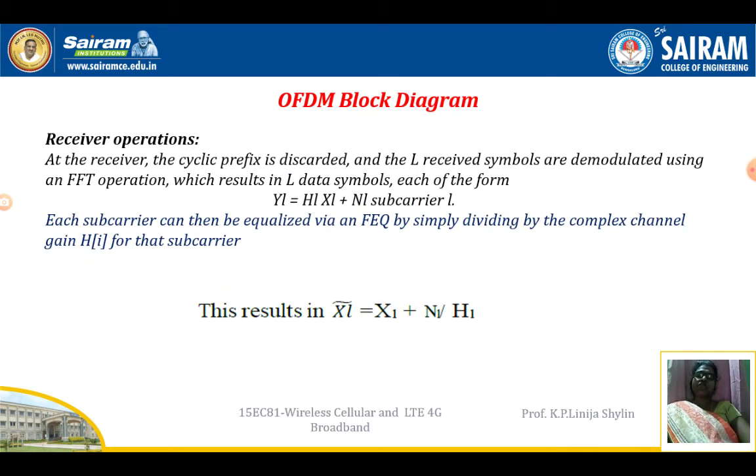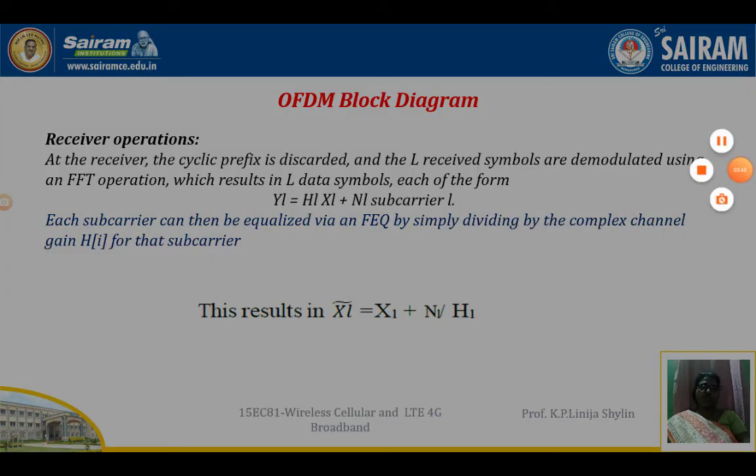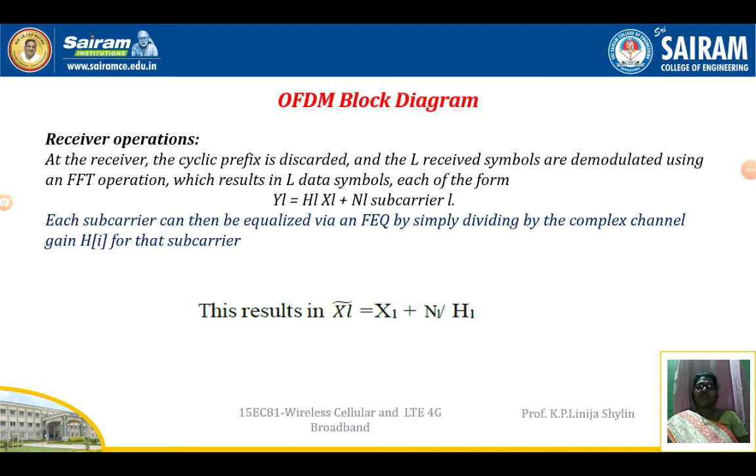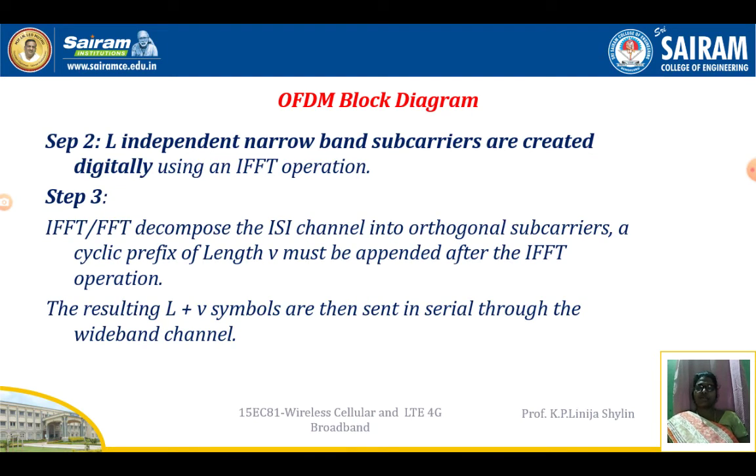Coming to the receiver operation. Actually, whatever process we have taken in the transmitter will be done in reverse in the demodulation. Demodulation is nothing but recovering the original signals. Let us see the diagram once.